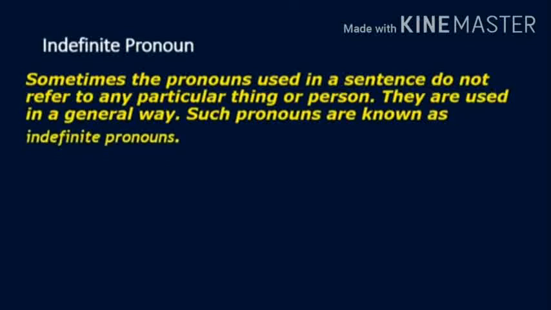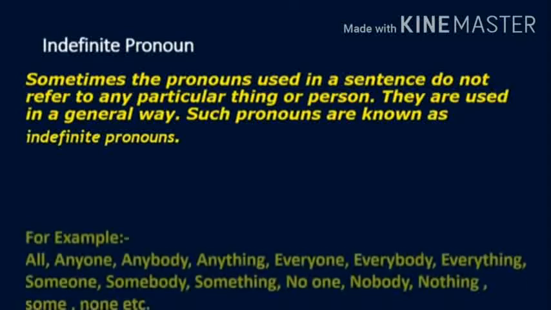When the subject that you are going to use in the sentence is not referring to any particular person, it is called an indefinite pronoun. So when the subject is unclear, that is an indefinite pronoun.